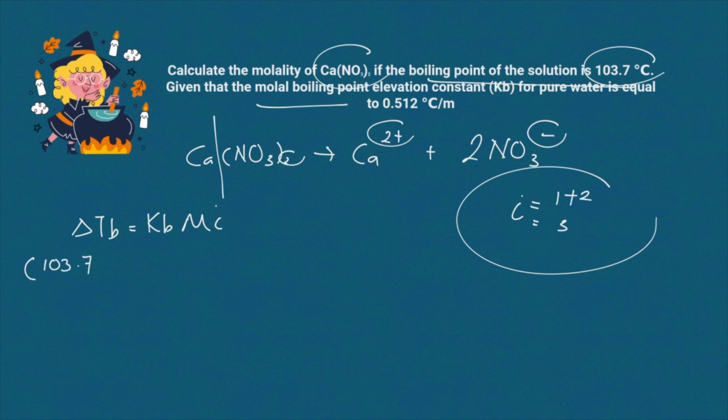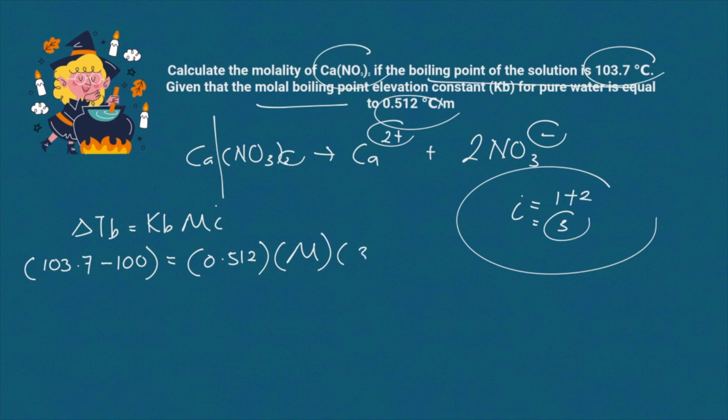In order to find the difference, delta means difference, right? So 103.7 minus 100, the actual boiling point of water, should be equivalent to the value of Kb given in the question, which is 0.512, times the molality, which is the thing you want to calculate, and your i equivalent to 3.